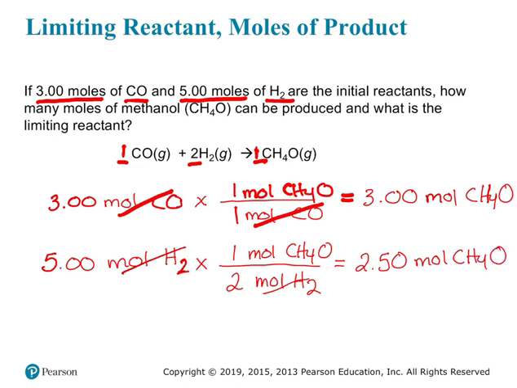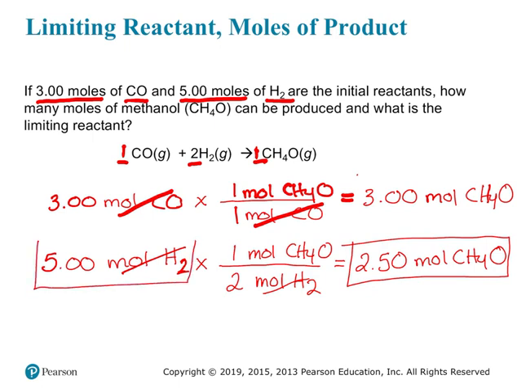All right, so now we're going to compare those two amounts of methanol. So whichever one is smaller will tell us the limiting reactant. Okay, so 2.5 is smaller. So that tells us that hydrogen is the limiting reactant. It's going to run out first.